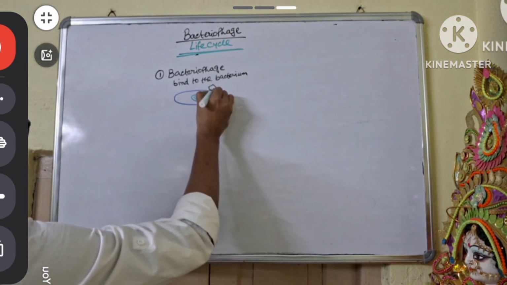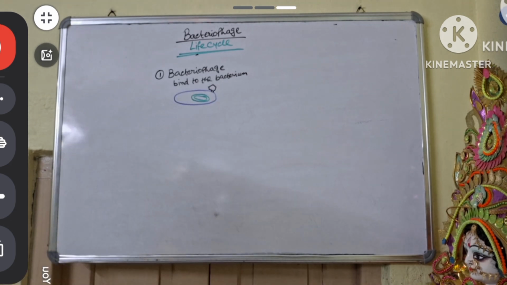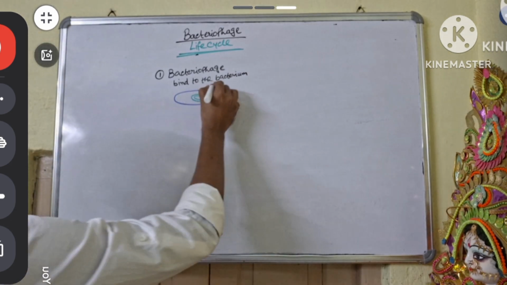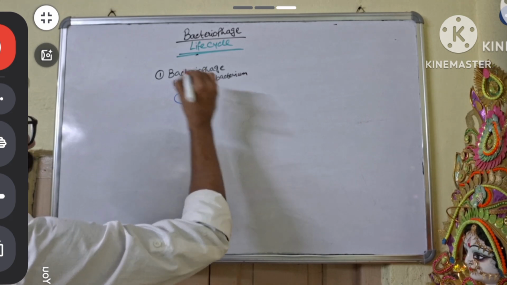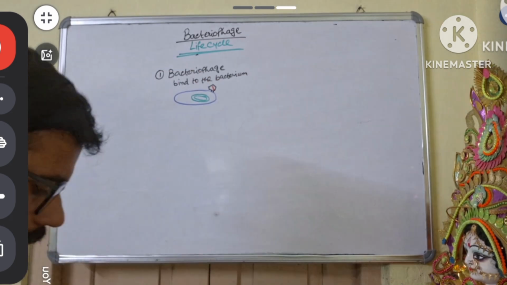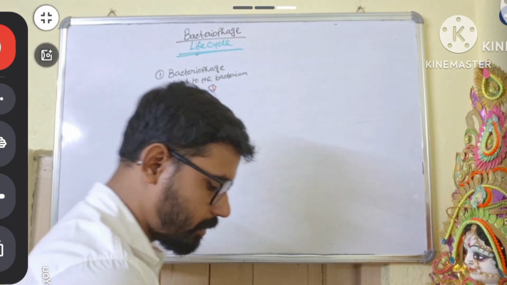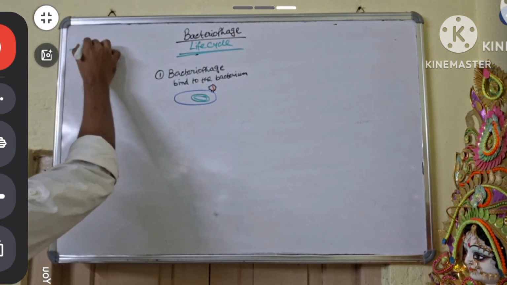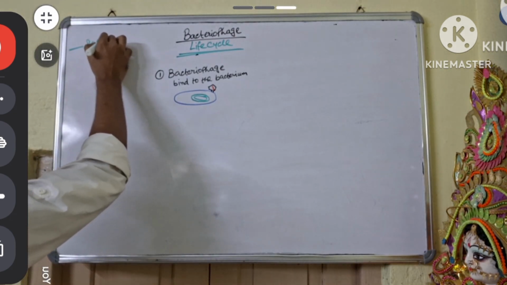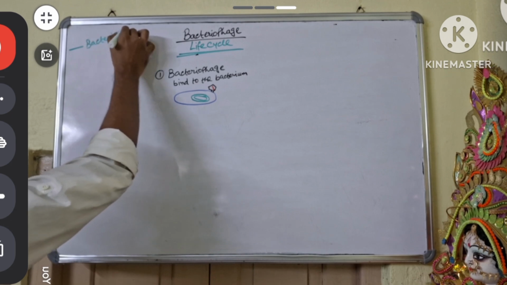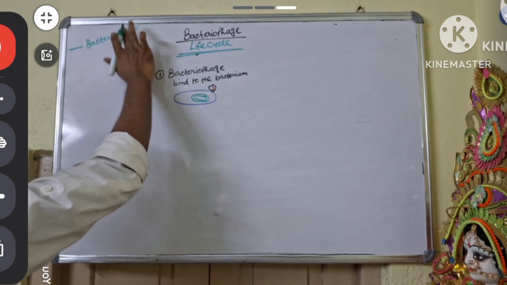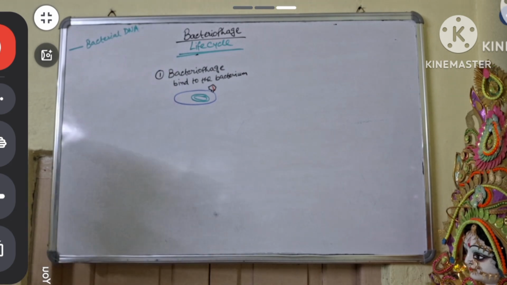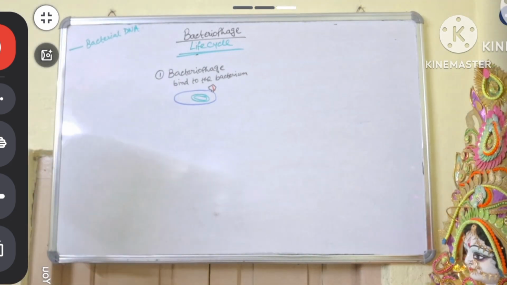The bacteriophage is attached, and the bacteriophage has its own DNA that is red color. I will show here the red color DNA means bacteriophage DNA. So green color means bacterial own DNA, and red color means bacteriophage DNA.